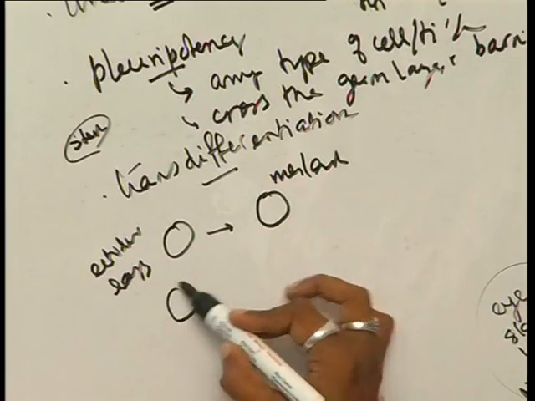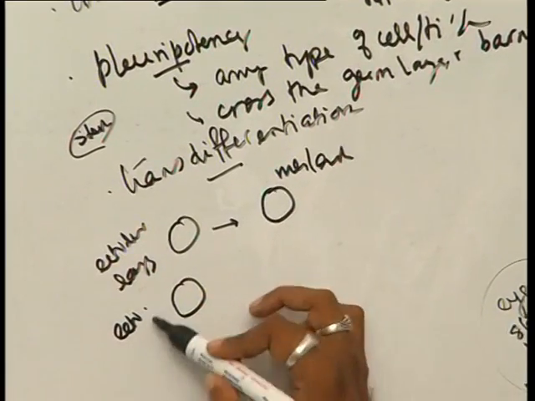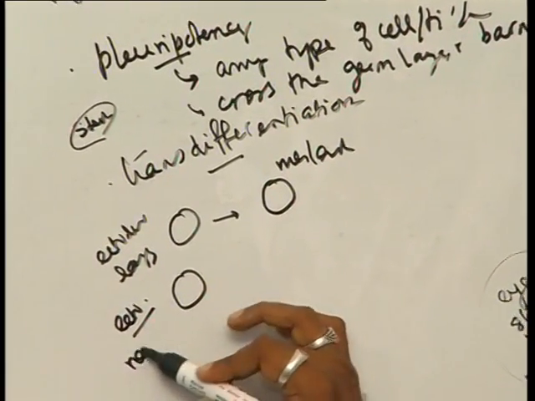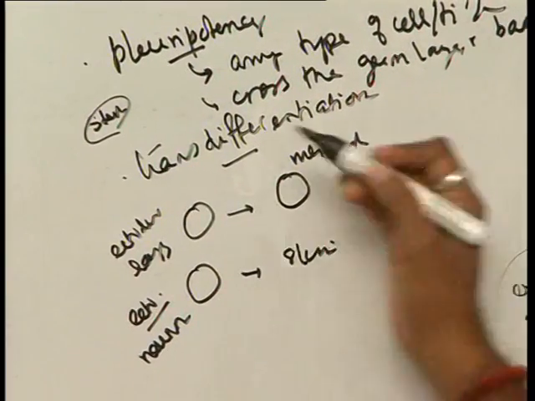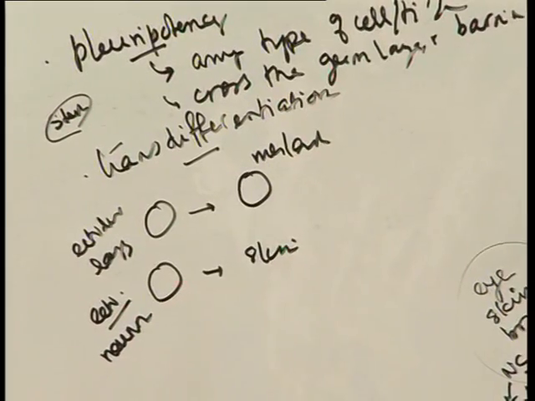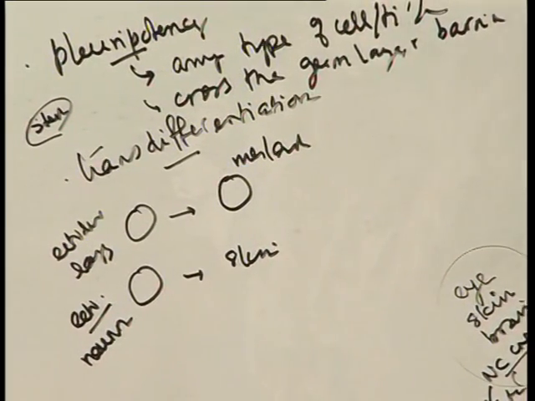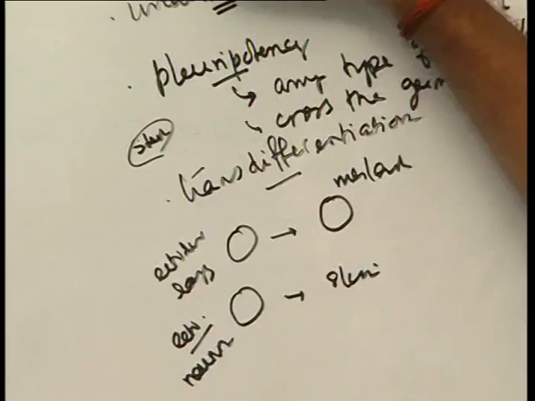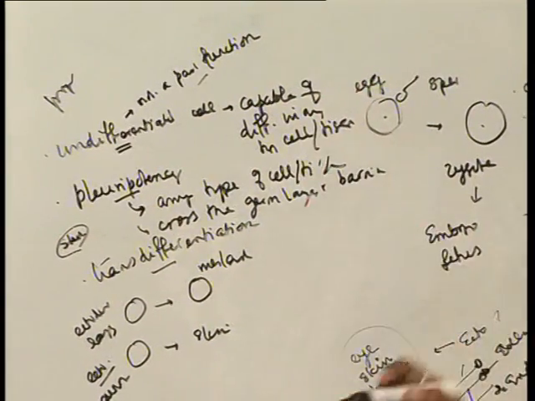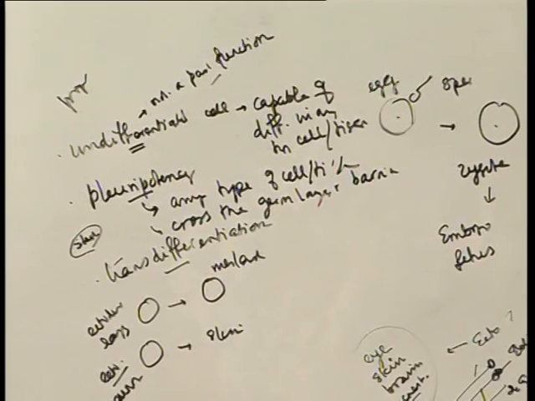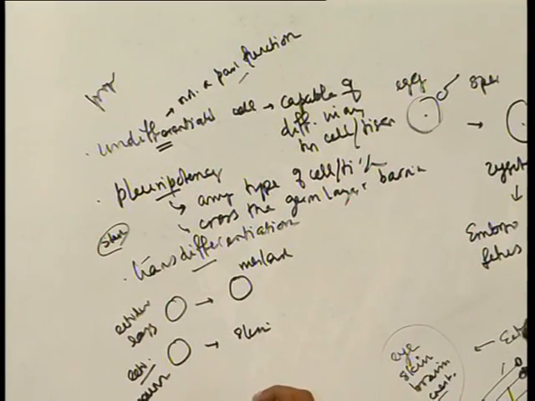A cell taken from an ectodermal layer, which is destined to become, suppose, a neuron, can also form skin. This is also a form of transdifferentiation. So these are called stem cell properties: undifferentiated cell, pluripotency, transdifferentiation.